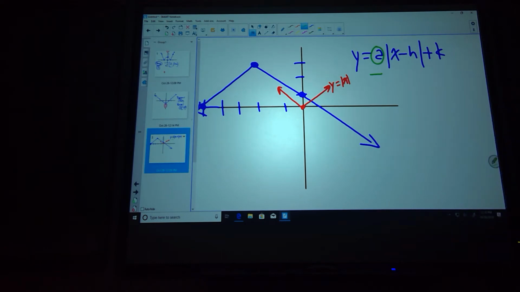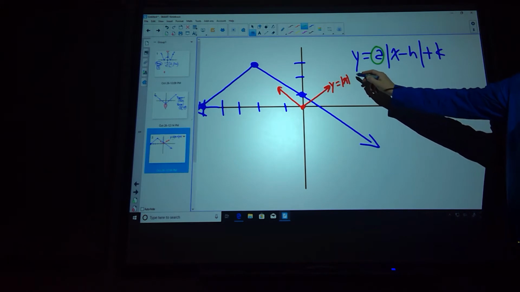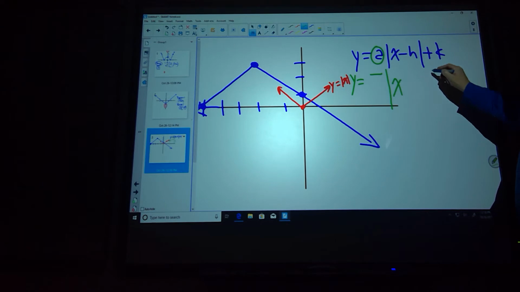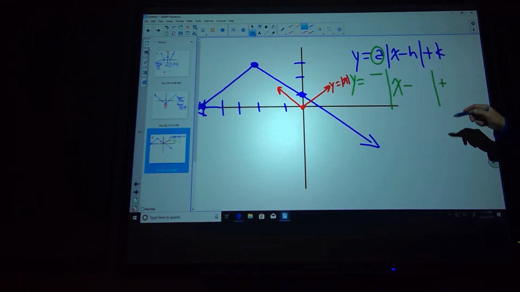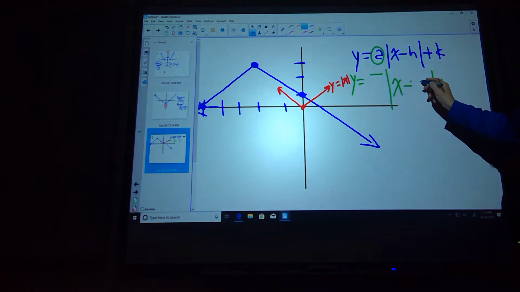Okay, that tells us it's going to open downward, right? Is it a 2 or an a? It's an a. Oh, we've been over this. The x is going to stay as is. So x minus and plus. Okay, so it shifted left how many? 2. So it shifted left 2.